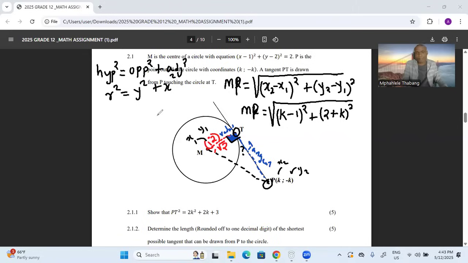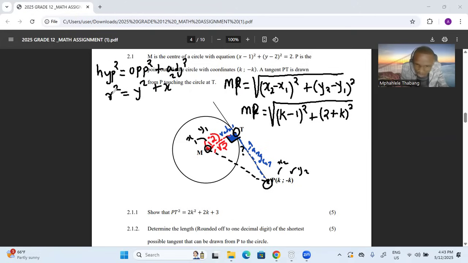So what is my hypotenuse on this right angle triangle? My hypotenuse is the longest side. So my hypotenuse is going to be MP, the distance from M to P, because it's the longest side on the right angle triangle MPT. So I'm going to take this longest side and square it.